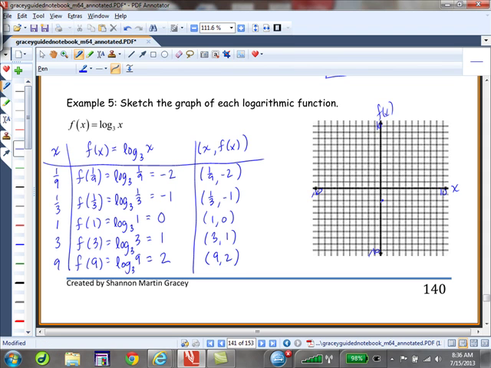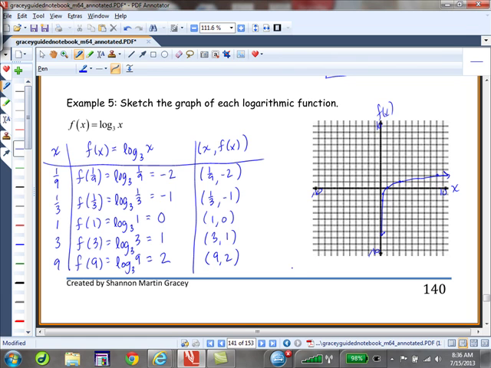And then 1/3, -1 will be about here, and then 1, 0, and then 3, 1, and then 9, 2. So the graph looks something like that.